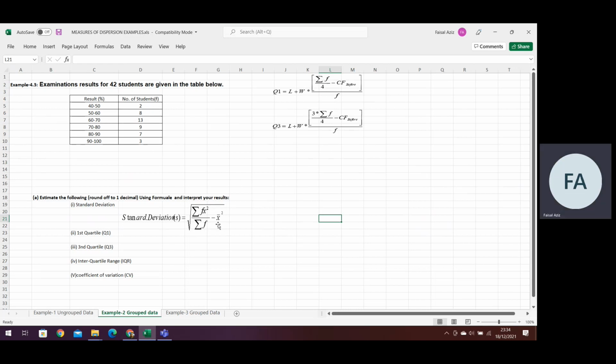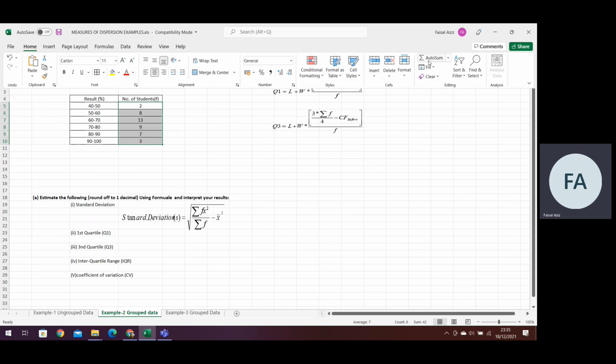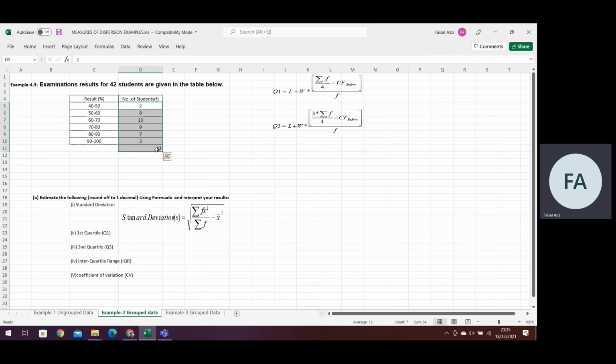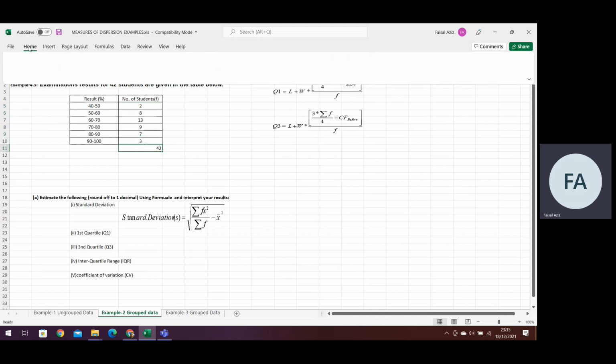And in addition to it, first we will have to calculate the mean. Whenever x is denoted by the small bar over at the top of it, it is called a mean. So to calculate mean, first we need to know what is the sum total of the frequency. So to calculate frequency sum total, simply I will go to home and then I will click on auto sum. So this will give us a frequency. In our case, it is 42.